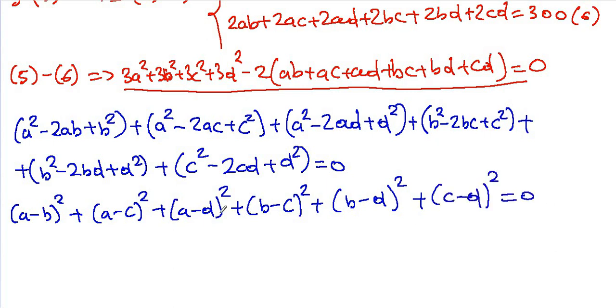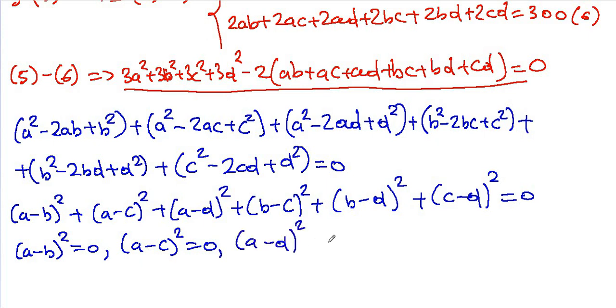So we see that the sum of six squares is equal to 0. We can conclude that the sum of six squares will be 0 only when each square is equal to 0. Therefore (a - b)^2 = 0, (a - c)^2 = 0, (a - d)^2 = 0, (b - c)^2 = 0, (b - d)^2 = 0, and (c - d)^2 = 0.